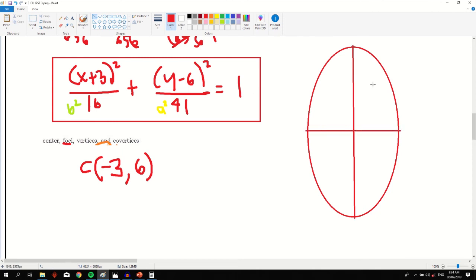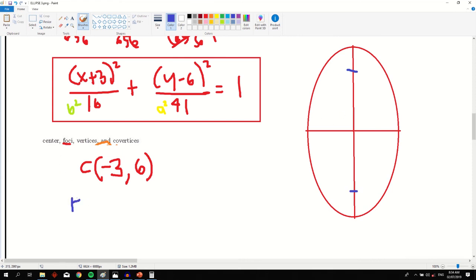So we know that this is a, so our focus would be here. We will use blue for our foci, like that. So that is our focus.